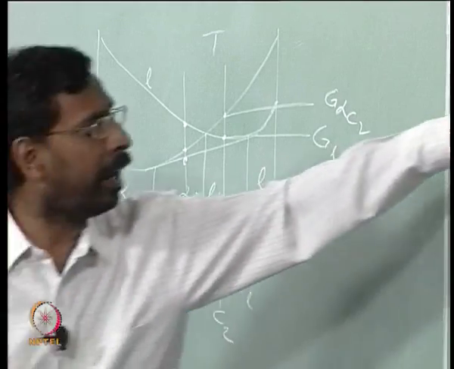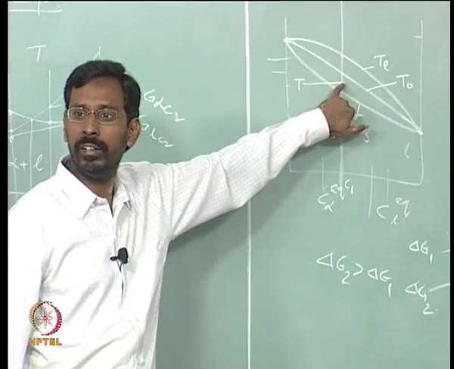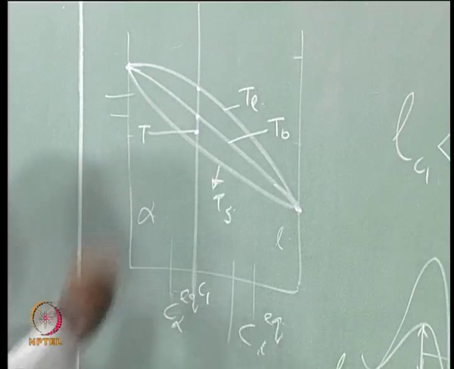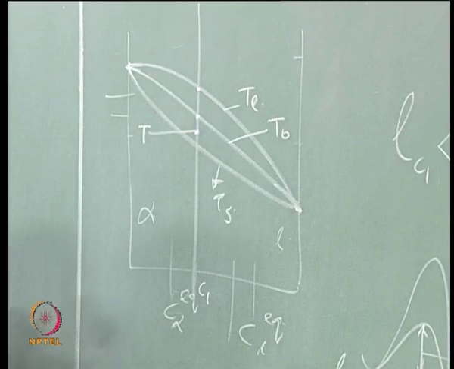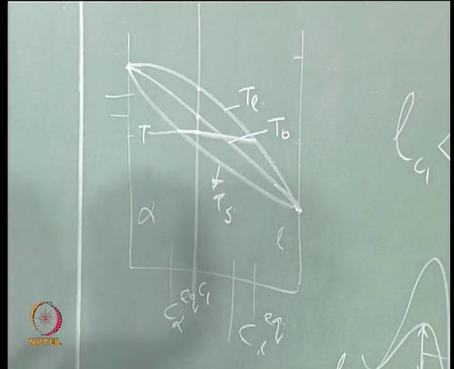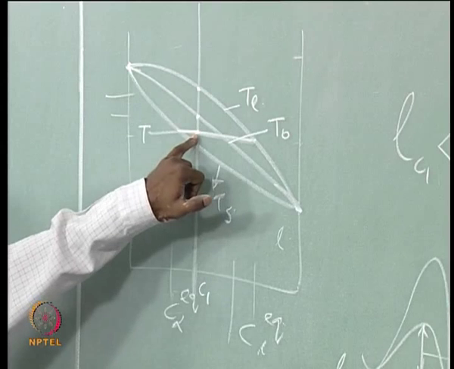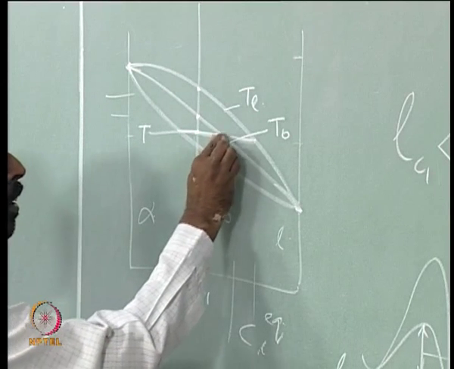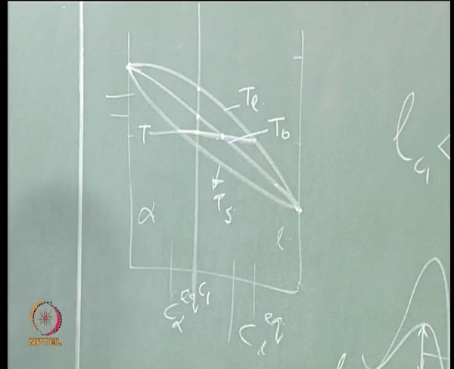So, if you are at this temperature, because you are below the T naught, what does it mean to be below T naught? If I draw a tie line at that temperature, my composition that I am choosing is to the left of the T naught curve. Am I right?